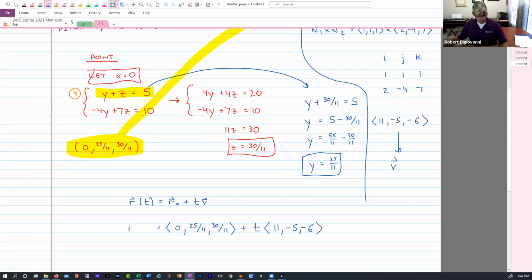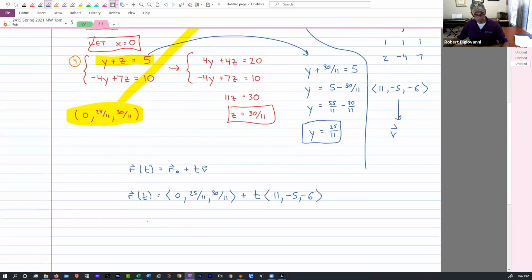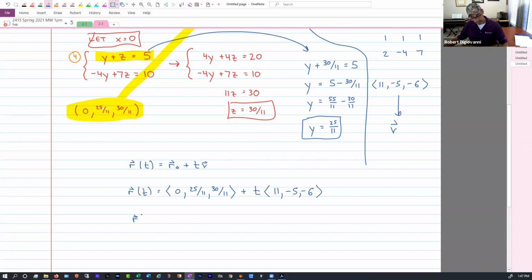That would be fine. That's an answer that is correct, but I could also combine those together. So I mean, distribute the t through and then add the vectors. If I do that, I'll get the vector 11t, and then comma 25 over 11 minus 5t, and then 30 over 11 minus 6t.